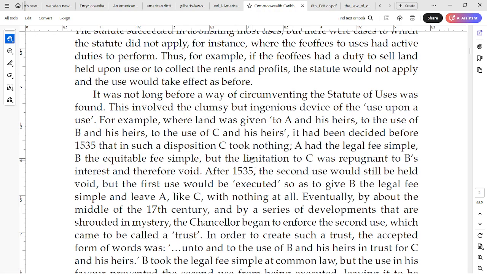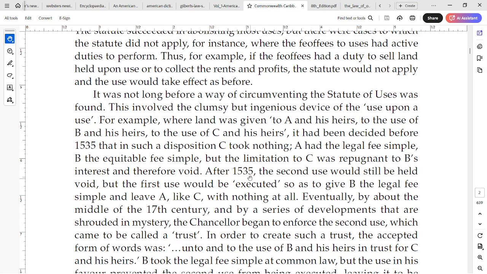So the limitation to C, the restriction to C, was repugnant, irreconcilable to B's interest and therefore void. So it was irreconcilable to B's interest and therefore void.